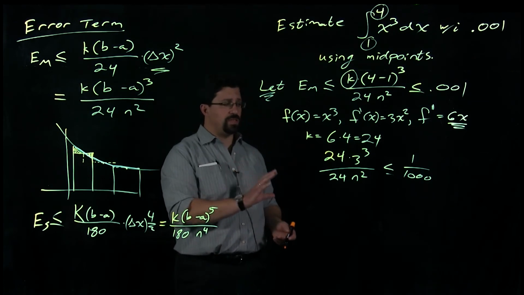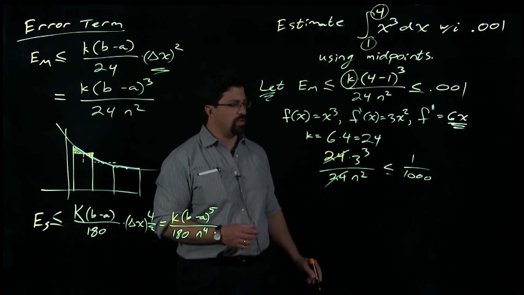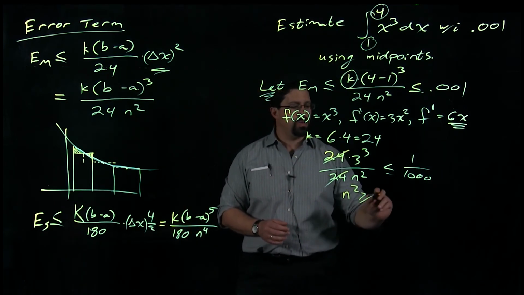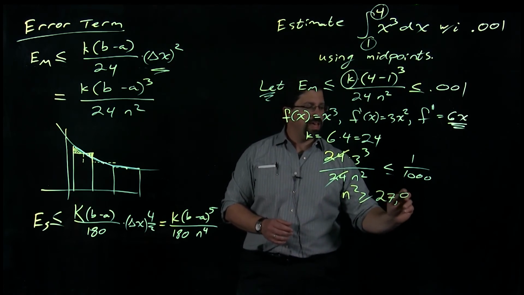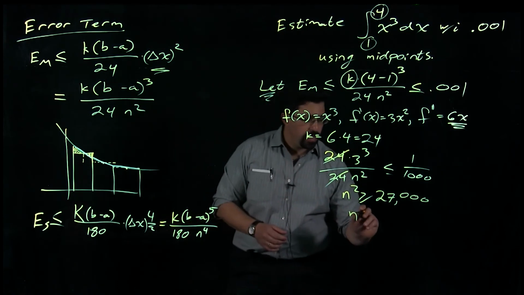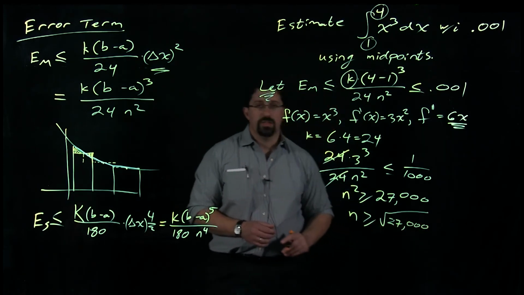But if you can use fractions, you should. A little bit of simplification goes a long way. And so we end up with n squared is greater than or equal to 3 cubed, which is 27, times 1,000, which is 27,000. And so n is greater than or equal to the square root of 27,000.